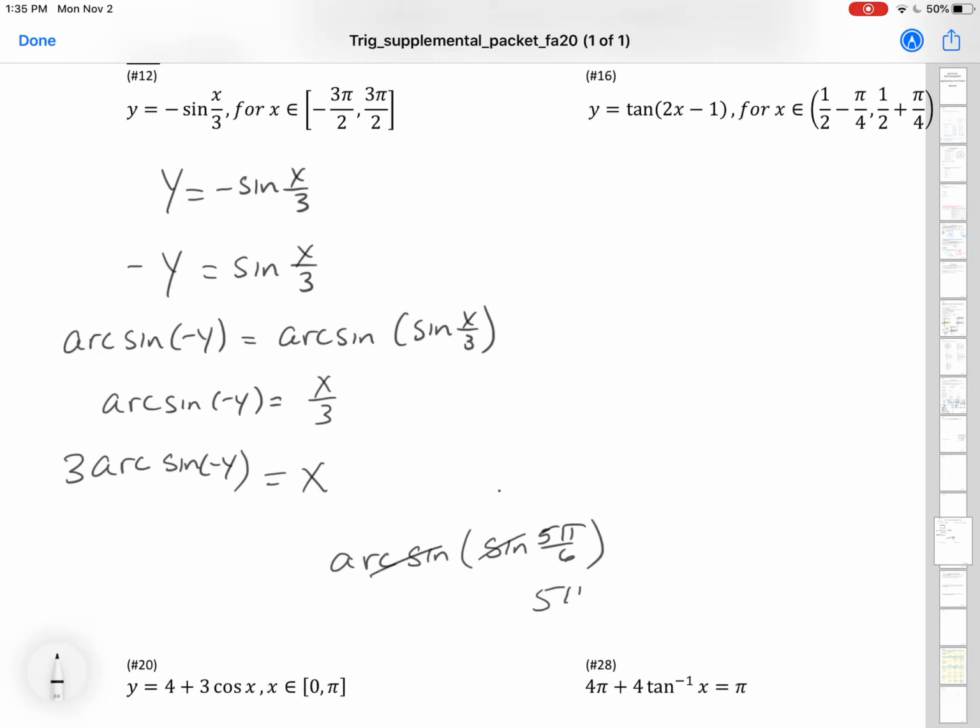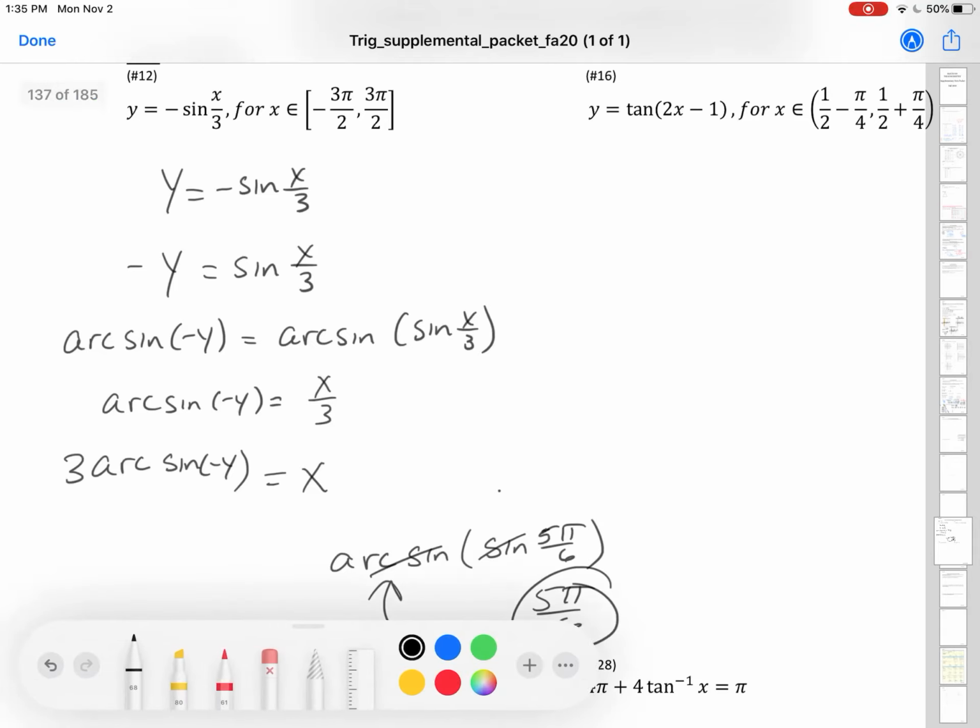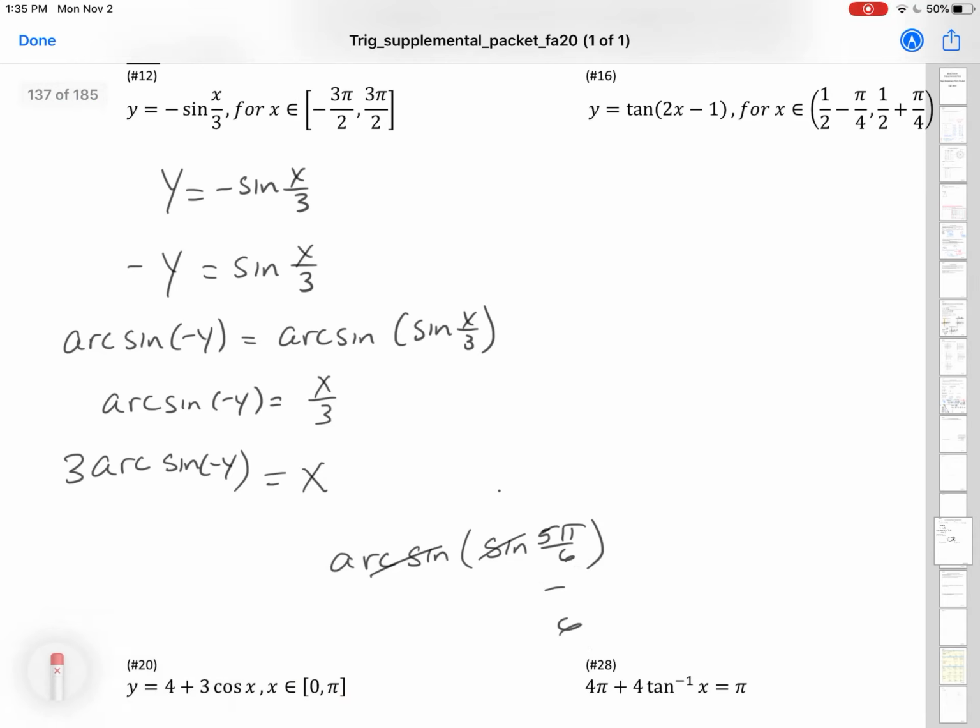I can't just write 5 pi over 6, because 5 pi over 6 is not in the outcome of arc sine. This is a second quadrant angle.